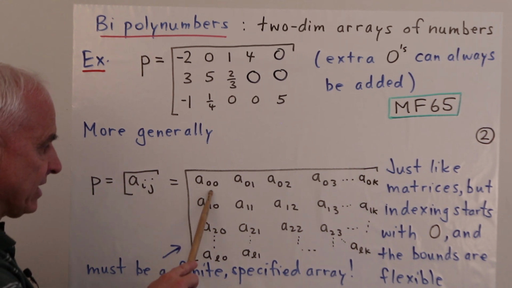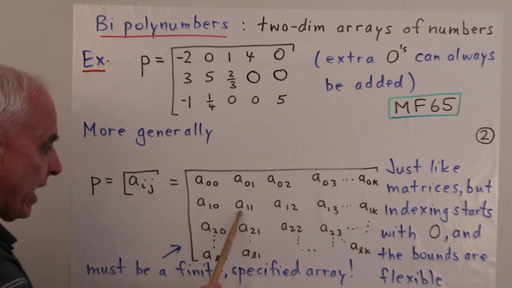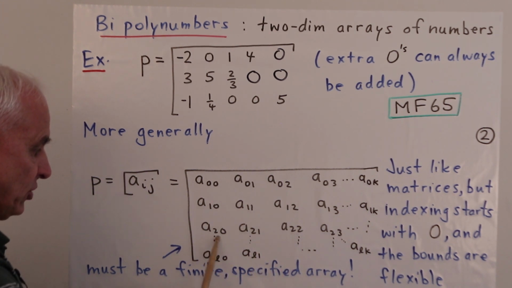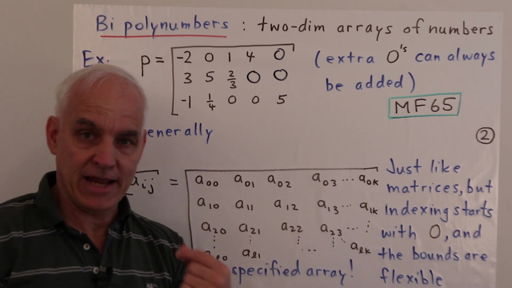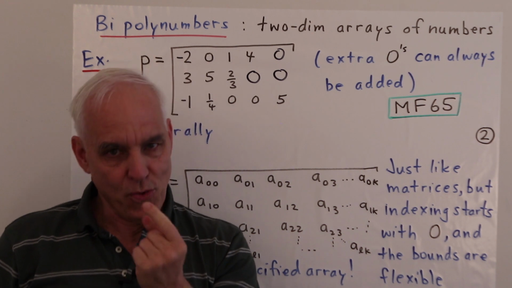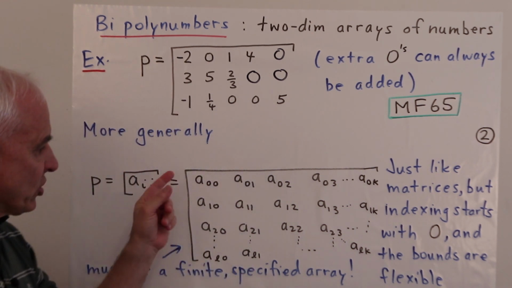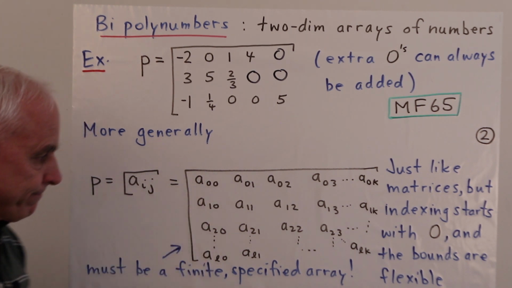So here's a00, a01, a02, a03, a10, a11, a12, a13, a20, a21, a22, a23. So the indices follow the usual conventions for matrices in linear algebra, with the exception that we're starting with 0 as our first index.